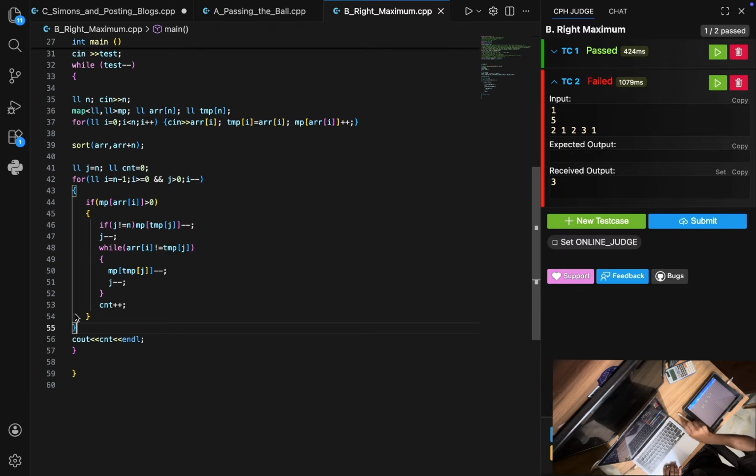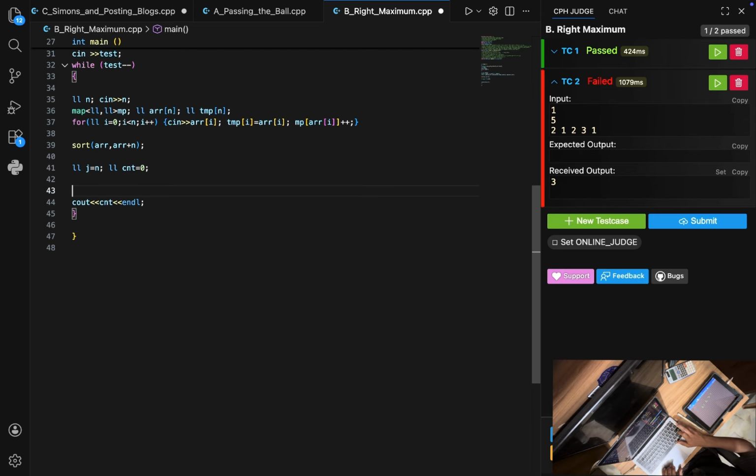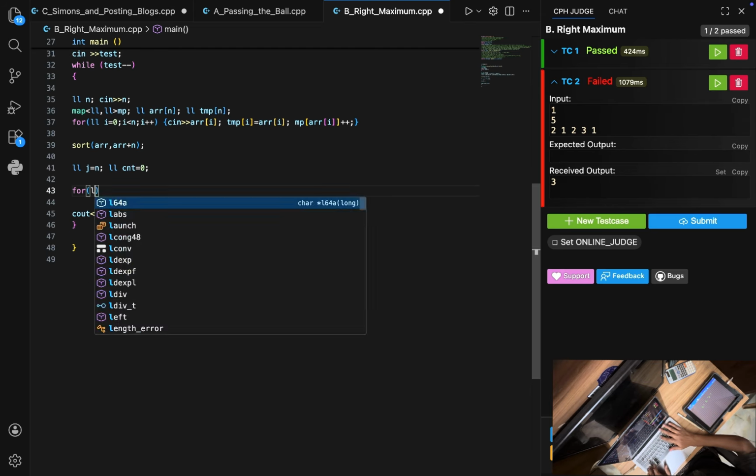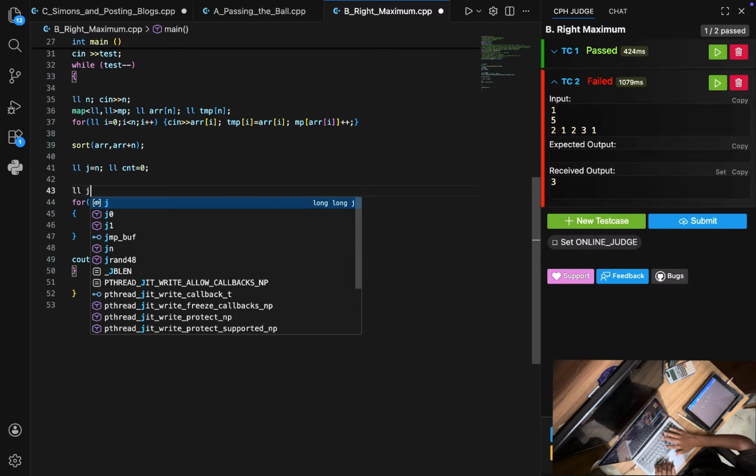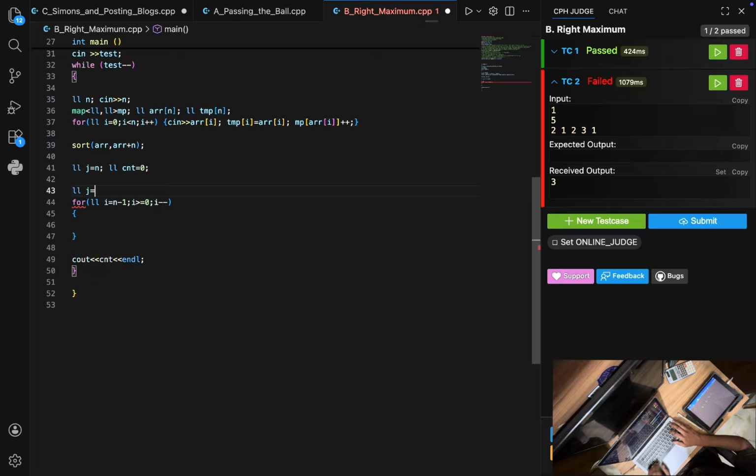I think I should reverse it actually. j equal to n minus 1, not j equal to n-1.